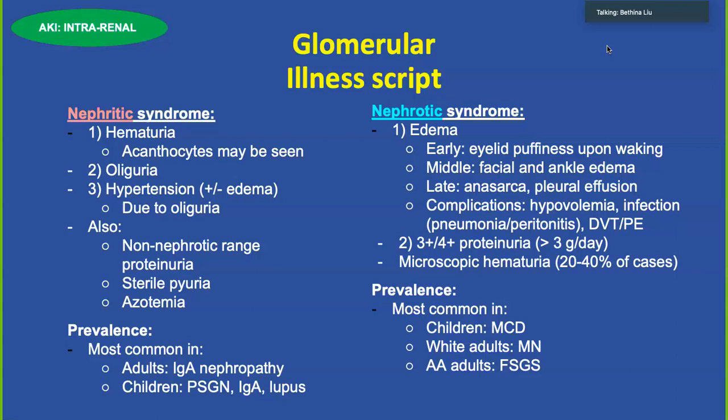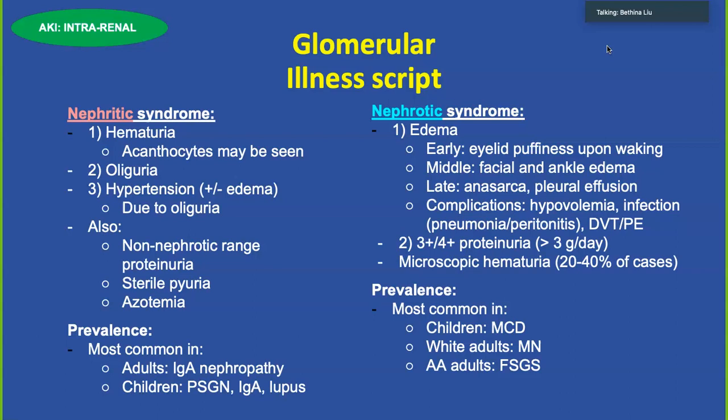For nephrotic syndrome, the predominant symptom may be edema. In early stages, the edema could be predominantly around the eyelids, so presenting as puffiness upon waking. As it progresses, it may progress to facial and ankle edema, and in late stages, you may see diffuse edema, anasarca, as well as pleural effusion.